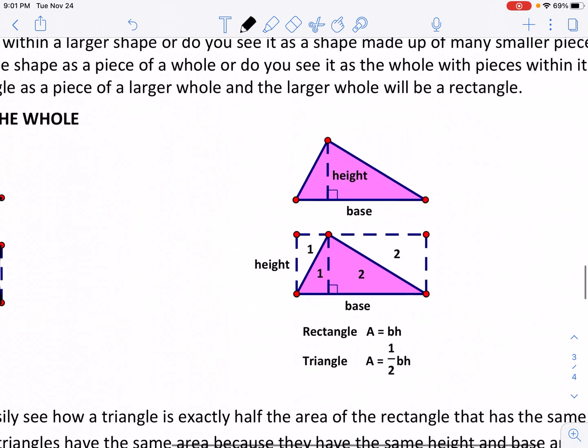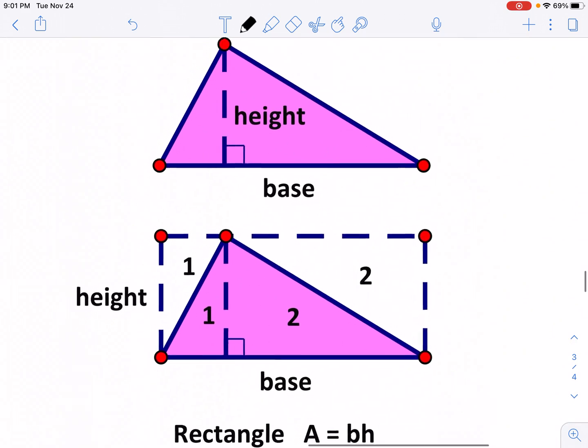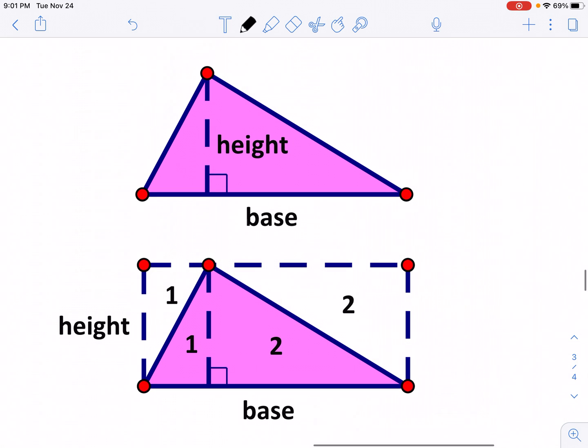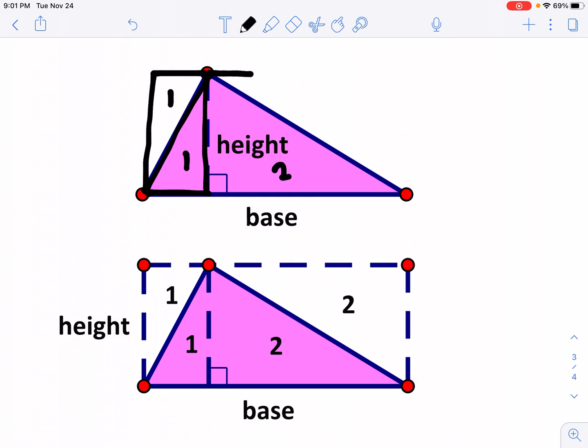Or another way to look at it, if we had, let's say, a different looking triangle here, if we duplicated this area here, and we call this 1 like they do at the bottom, and then we put that same triangle here, that area is now doubled, and we create a rectangle there, okay? Then if we duplicate the area of this triangle and put that triangle here, we have now doubled that area.